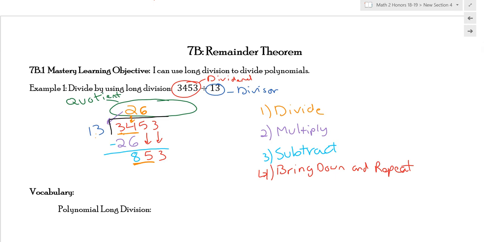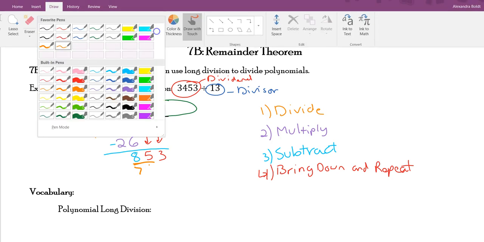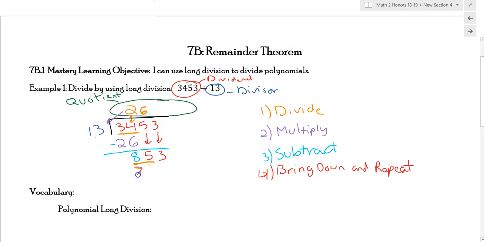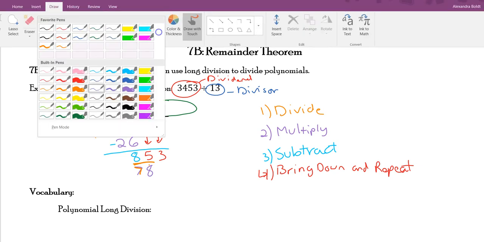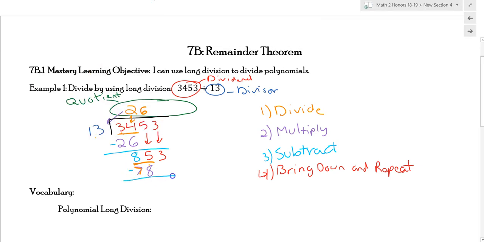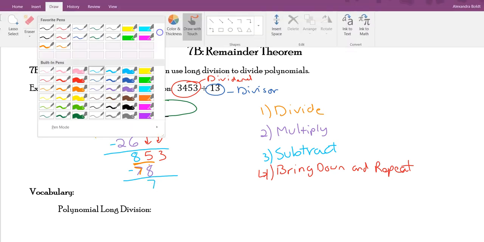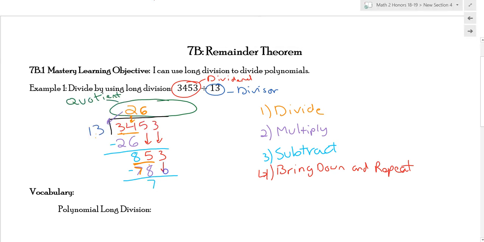So then multiply 6 times 13, which again is 78. We're multiplying. Then we subtract is our next step. 85 minus 78 is 7. And then bring down and repeat. So now we just have to bring down that 3.